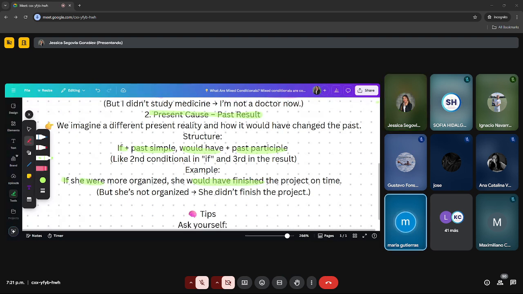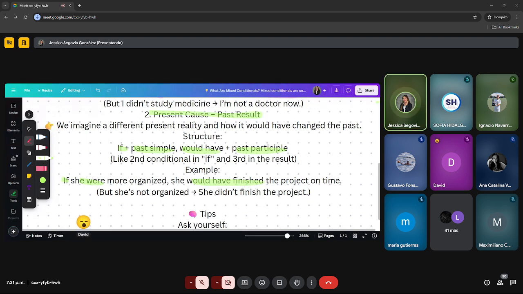If I run or if I ran. Ran. Sí, pasado. Exacto. If I ran, I would have finished the race or won the race. Yes, that would be correct. Excelente. Very good.